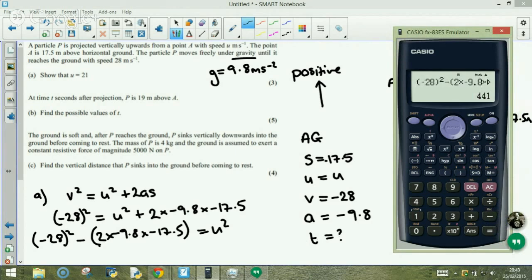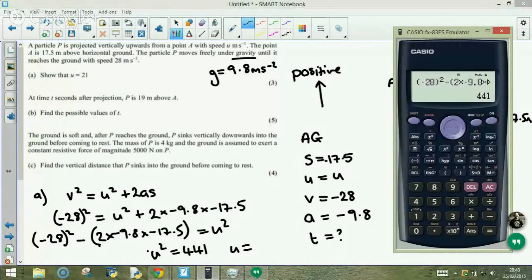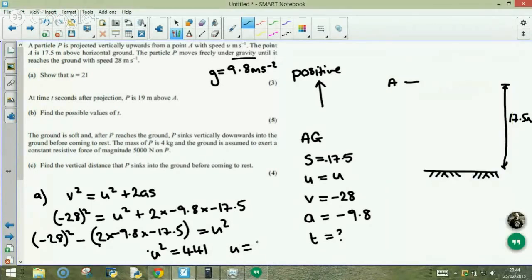So that gives me 441. So if I square root that, plus or minus 21. And as we know, it's going up, so it's going to be 21.